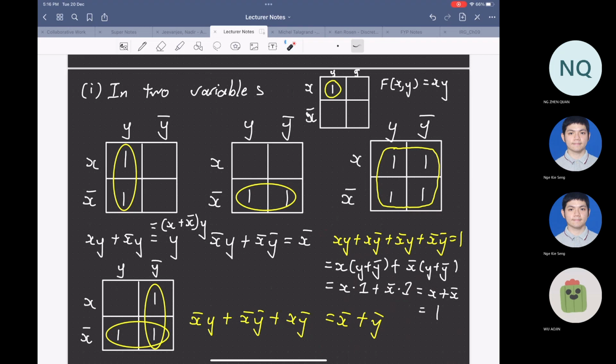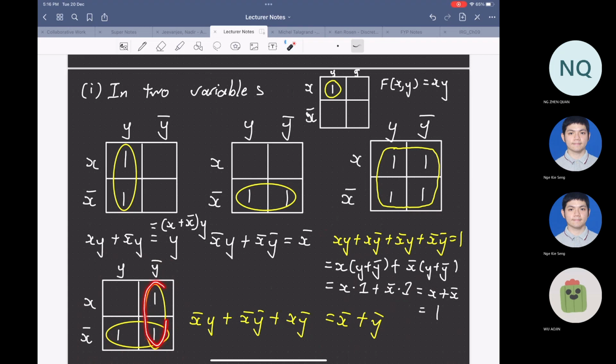And then next, how about this one? Just now we did this example here, right? For this, we already said that the block cannot be non-rectangular. It must be rectangular. So you only have 2 rectangles to cover the ones here.